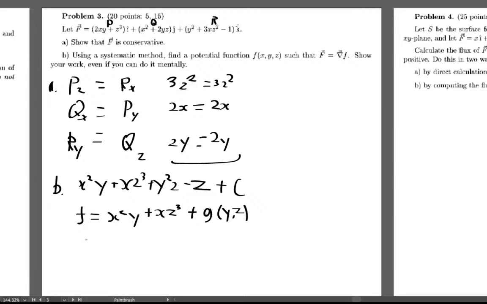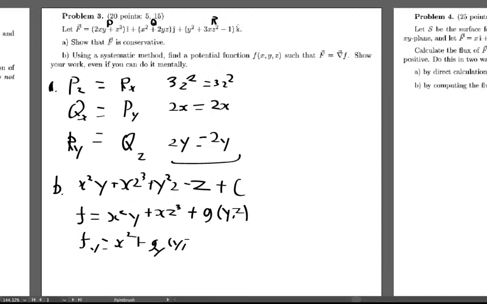And so now when you take the partial derivative in terms of y, it's going to be x squared. The xz cubed is going to go missing. Plus g_y of y, z.